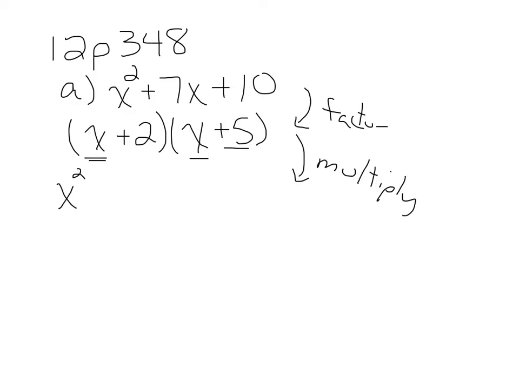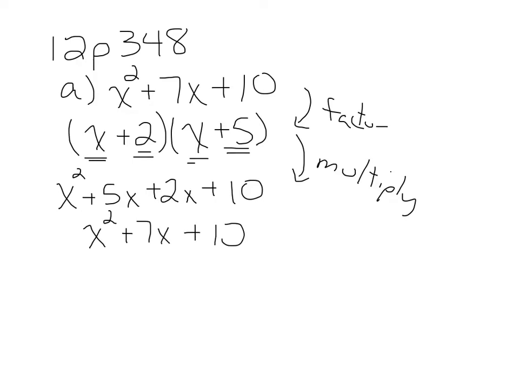X times 5 is 5x, positive 5x. 2 times x is a positive 2x. 2 times 5 is 10. Combine your like terms. 5 plus 2 is 7. Therefore, you get what you started with, x squared plus 7x plus 10.